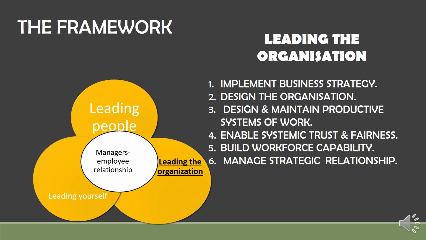Third is to design and maintain productive systems of work. To effectively deliver the products and services of the organization, it requires a framework to ensure that they can provide a replicable set of activities aligned to the organization's values with clear accountabilities and authorities for work.